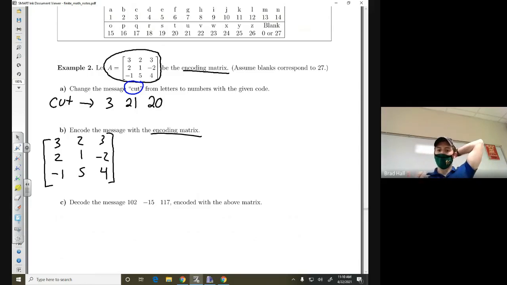And we need to multiply that by the message as written as numbers, written as a matrix.